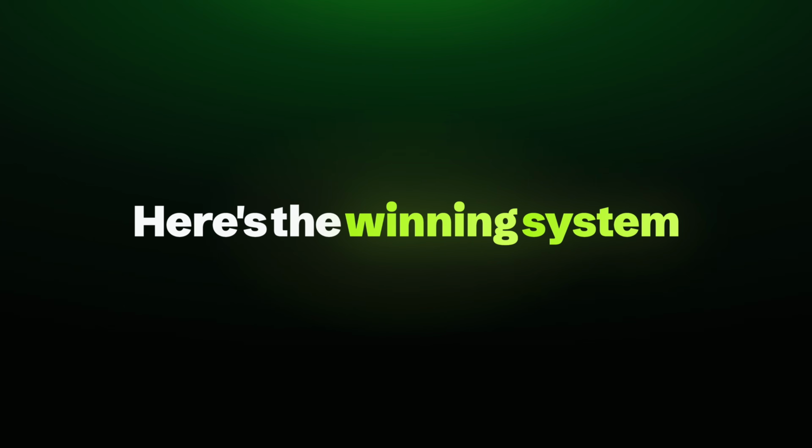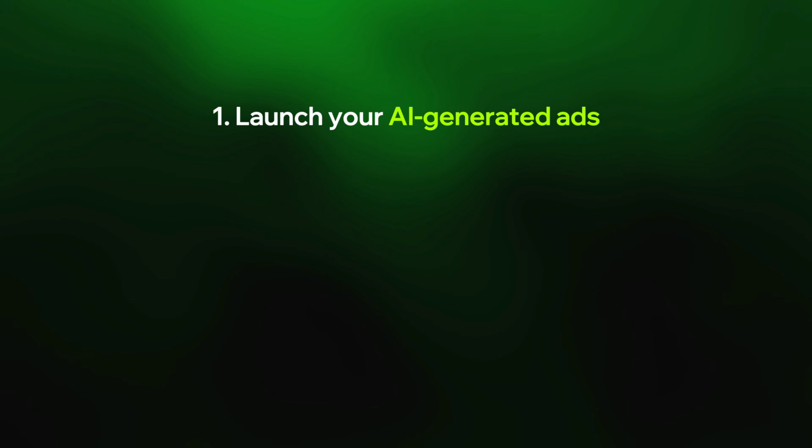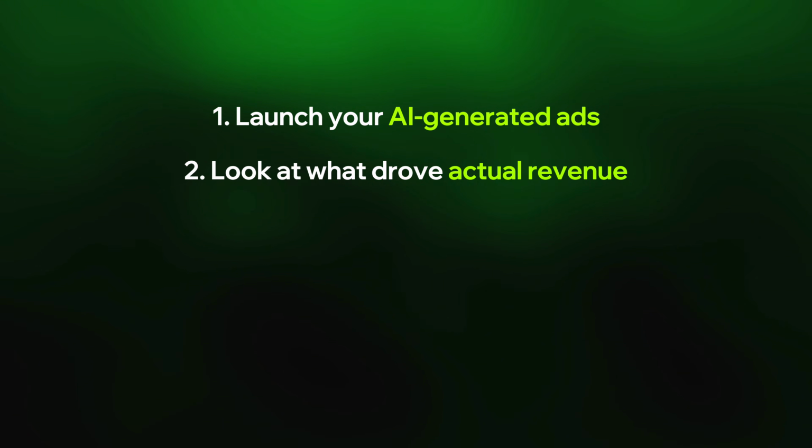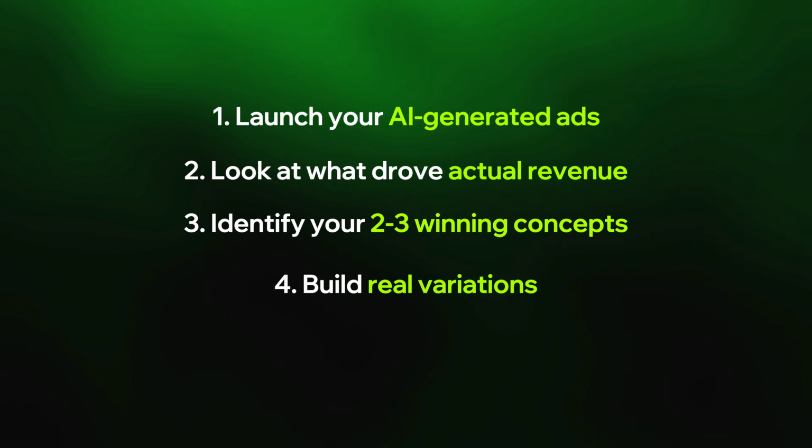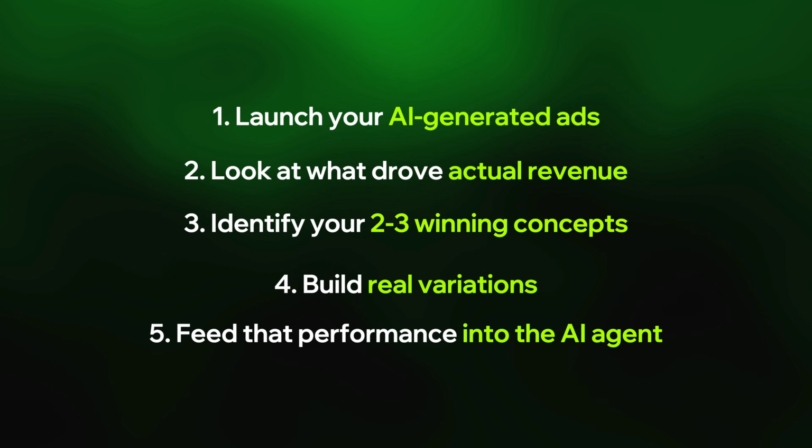Here's the winning system. Launch your AI-generated ads, look at what drove actual revenue, not CTR, not impressions, not vanity metrics. Identify your 2 to 3 winning concepts, build real variations, new hooks, new angles, new visual executions, and feed the performance back into the AI agent. And this is where things get genuinely powerful.